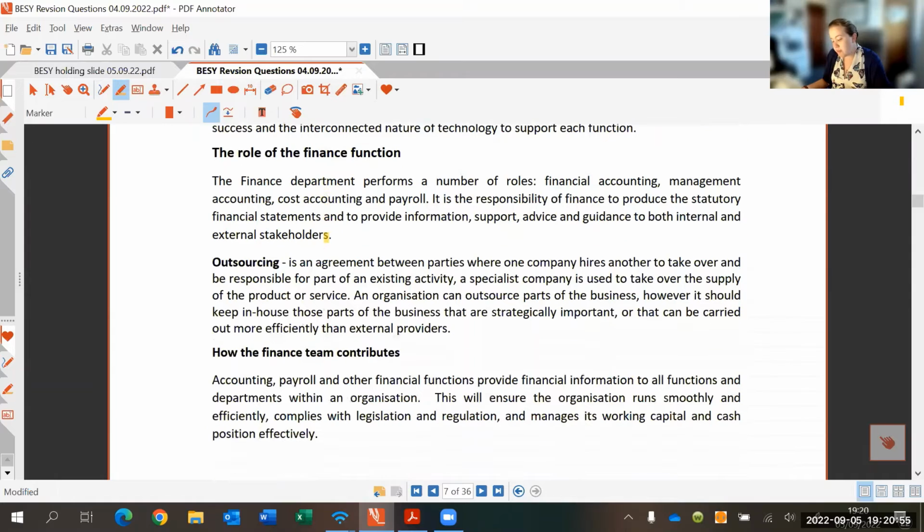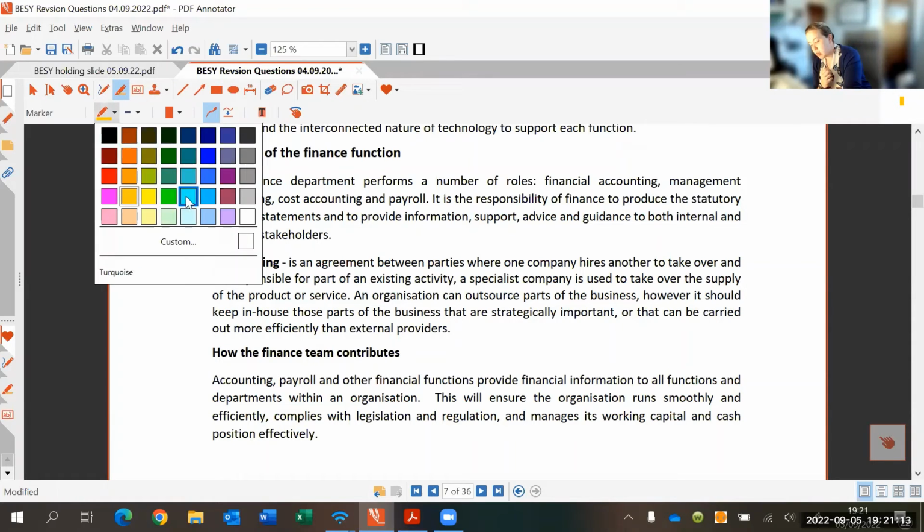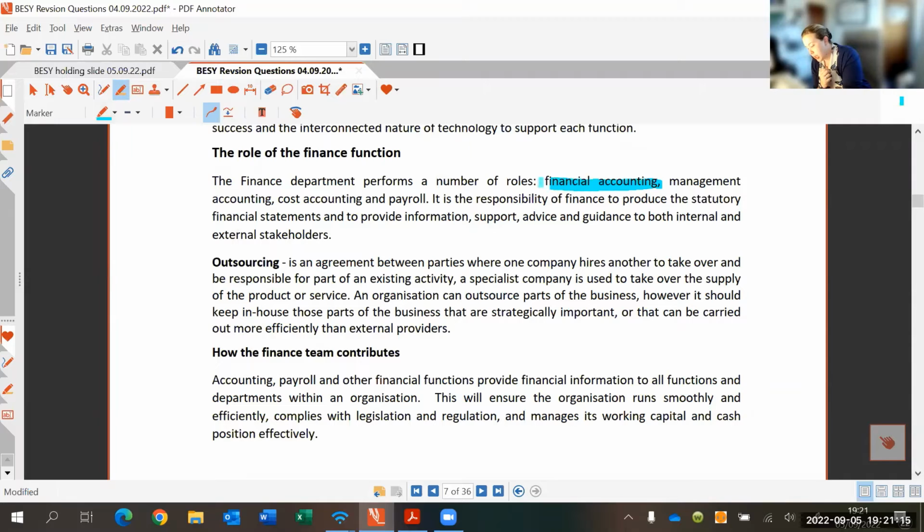So if we have a look at just quickly how the finance function is broken down. Some of this may be familiar to you already from work, but if you're working in a finance department for a company, as opposed to working in an accounting practice, you may be in one of these two areas. It might be that you're working in the financial accounting sector.